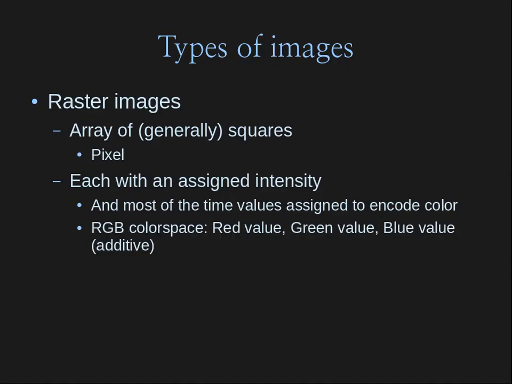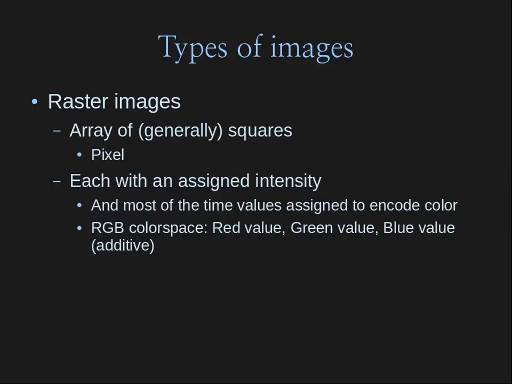There are several different kinds of color space that can be assigned to these, different ways of defining the color inside these images. The most common is the RGB color space, where you have a value, generally 0 to 255, assigned to red, a value assigned to green, and a value assigned to blue, and by mixing all of these, you get the color that you desire.